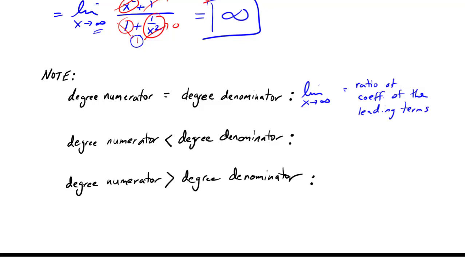If the degree of the numerator is less than the degree of the denominator, so the denominator has the bigger degree, the denominator wins and takes it to 0. If the degree of the numerator is bigger than the degree of the denominator, then the numerator wins, and it's going to be either plus or minus infinity, depending on all the signs in the problem.